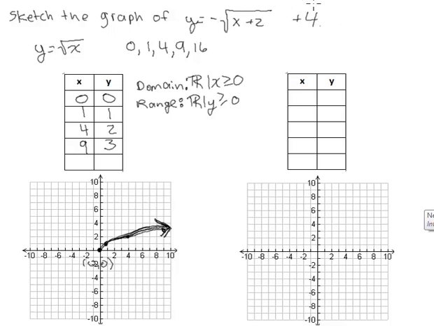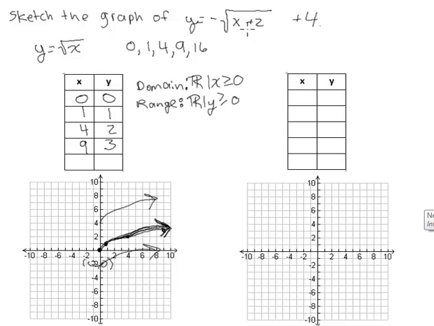Now, one transformation is when you add something to the entire function. In this example, we're adding 4. So adding 4 means you move the graph up 4. If I'd had minus 2, I would have moved the graph down 2. Now, inside the square root tells us that we are going to move right or left.